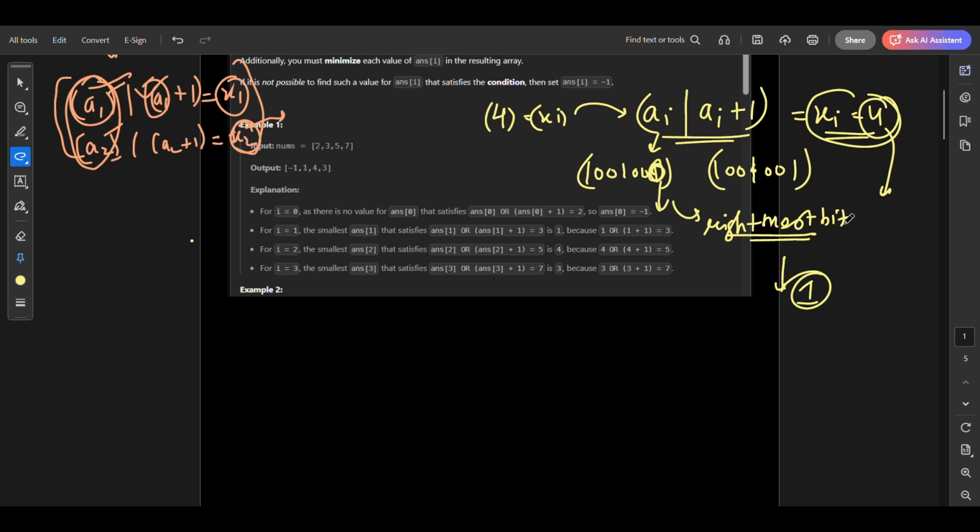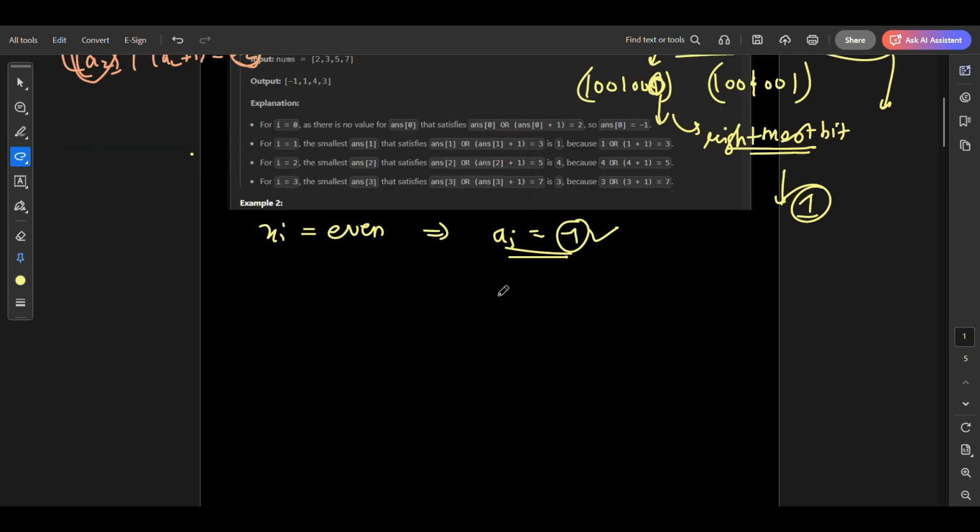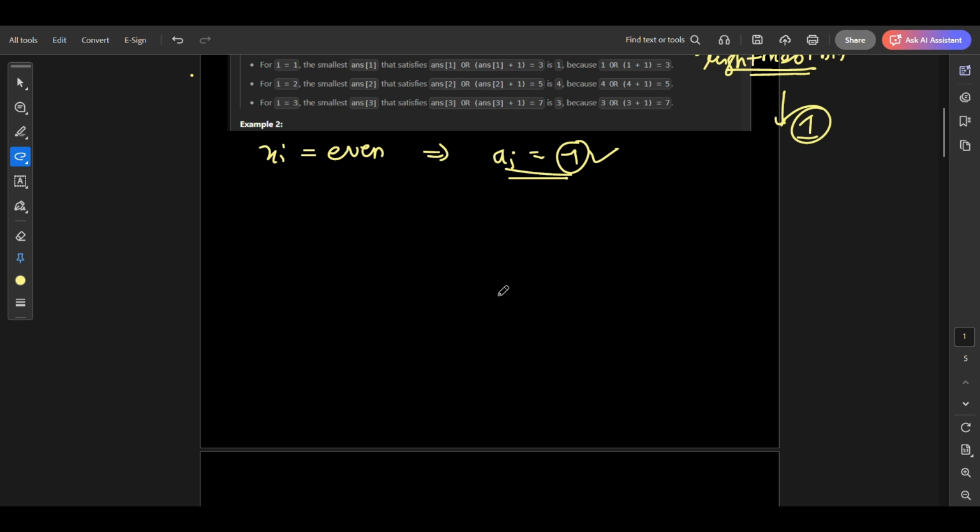If I generalize it, then if xi is an even number, we will take our ai as -1, because we cannot find values for even numbers. I think this part is clear to everyone.